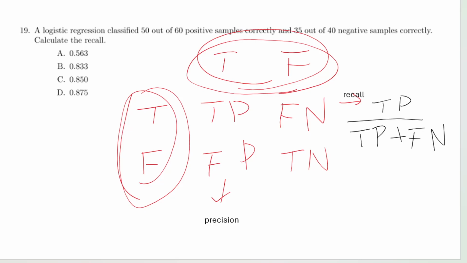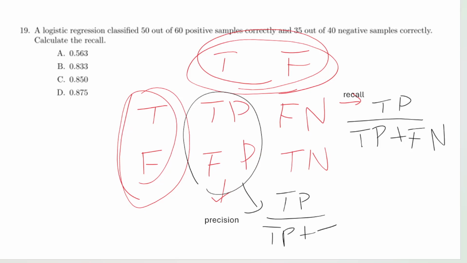And precision over here would be true positive over true positive plus false positive. So after seeing this, to solve this, you will need to basically make this table. Okay, so let's write this table.